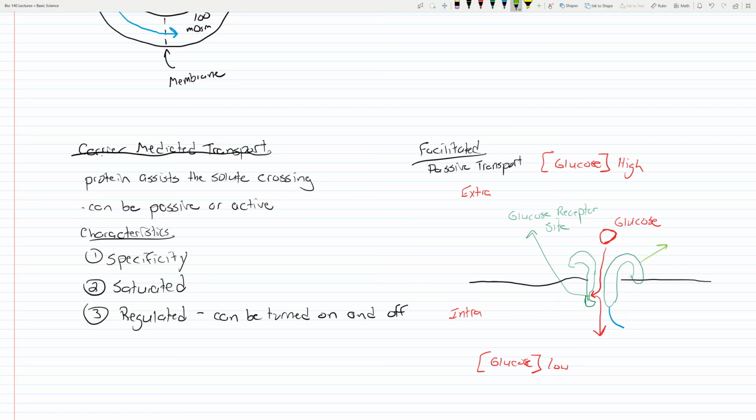That's what this protein is. This is a glucose transporter, and that's all that is. So that's facilitated diffusion. And with that, we've gone through all of the passive processes that you need to know for me.